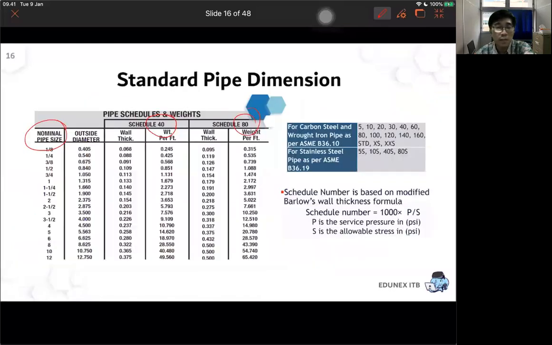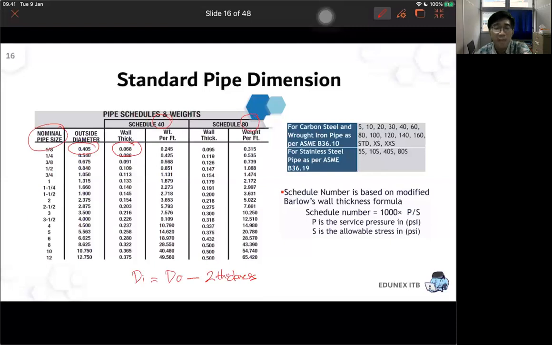But for this table, you only have the value of nominal pipe size, the schedule number, the outside diameters, and the wall thickness. Then inside diameters should be outside diameters minus 2 times thickness. Don't forget to do that calculation.